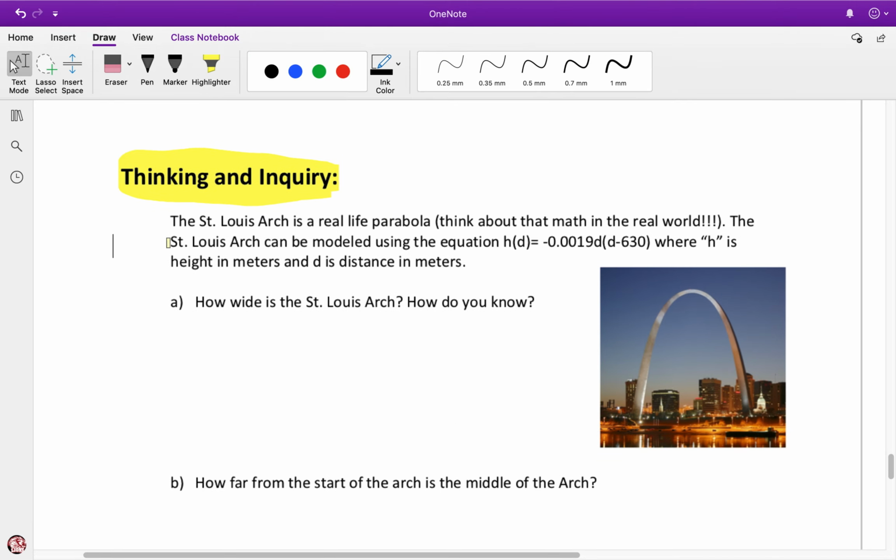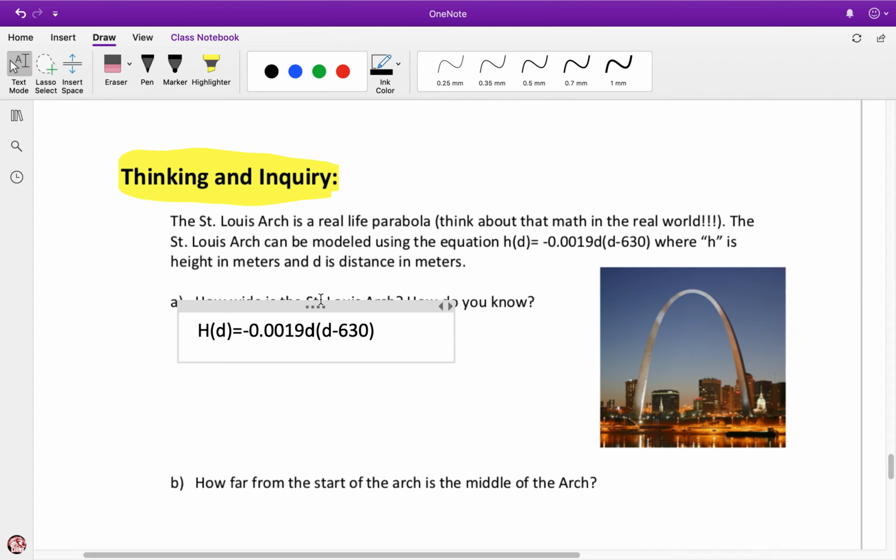So we have this equation: H of D equals negative 0.0019 D bracket D minus 630.